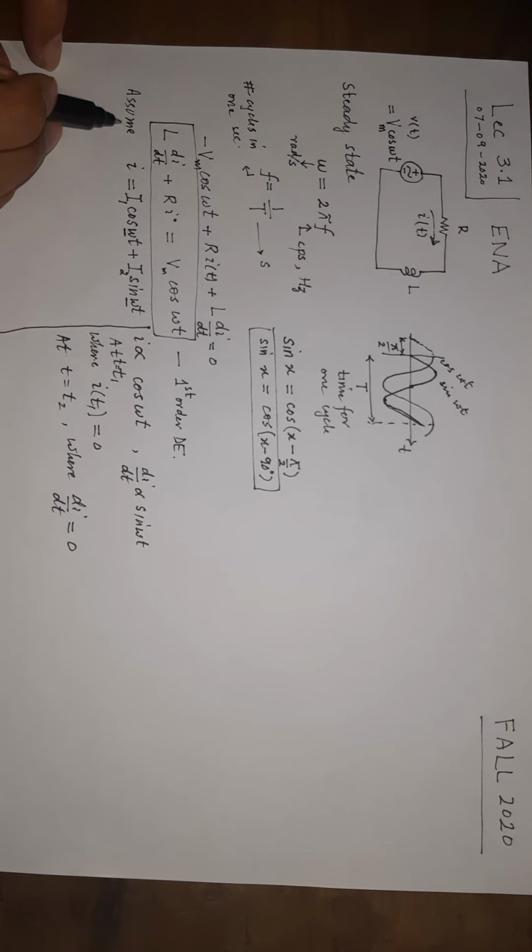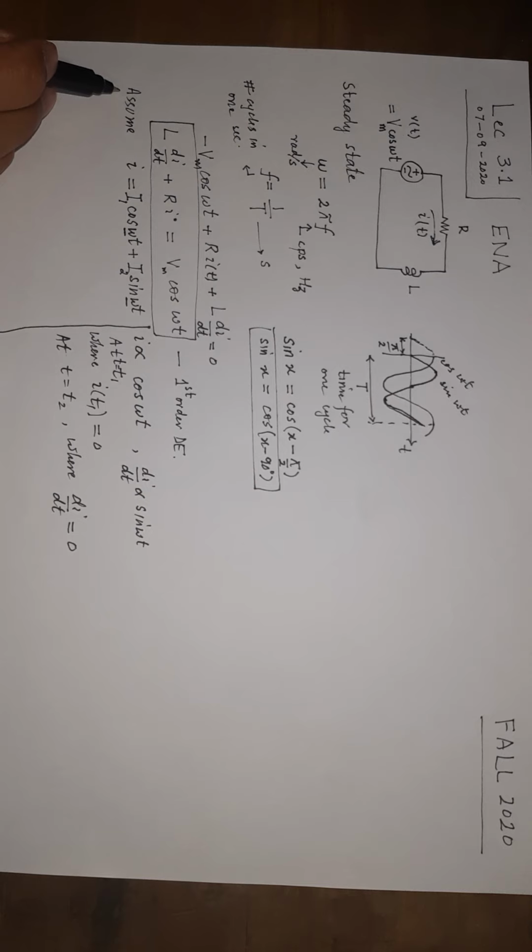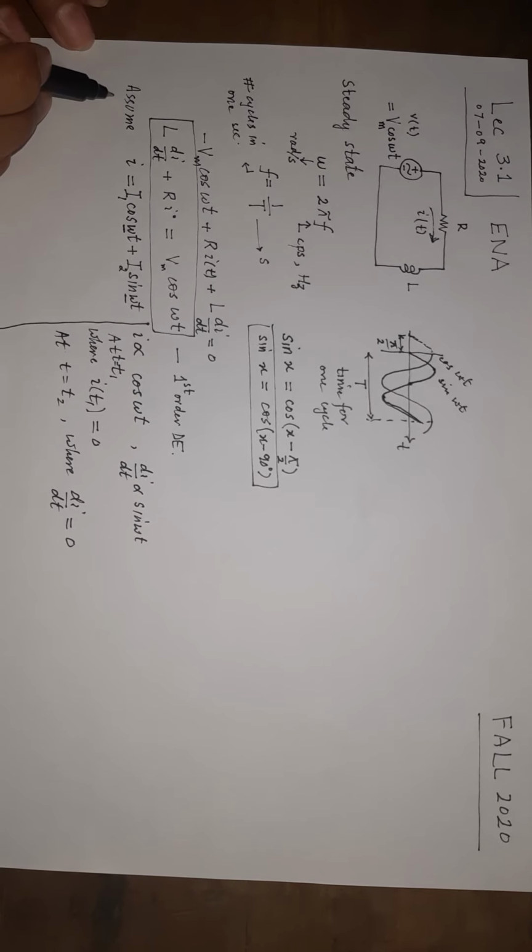So this is our assumption, that the solution i that we want to find is equal to this thing. So now starting with this, assume this is the solution. If this is the solution of this equation, obviously this has to satisfy this one. So what do we get here?